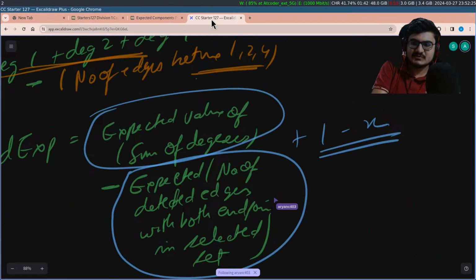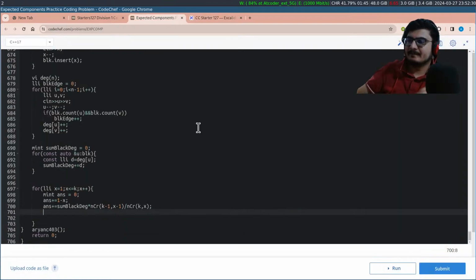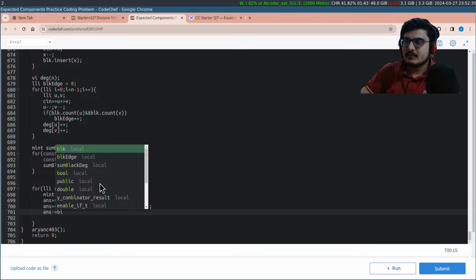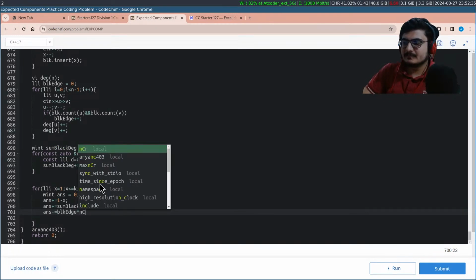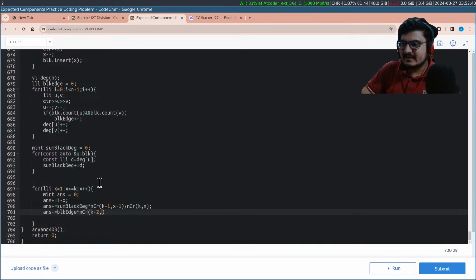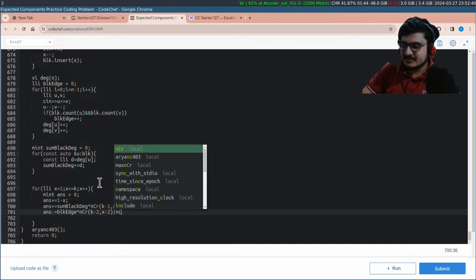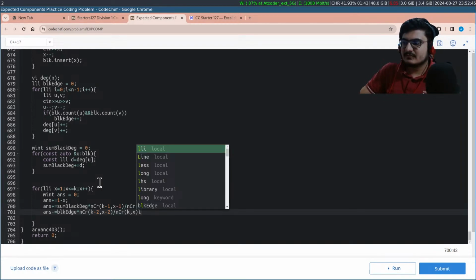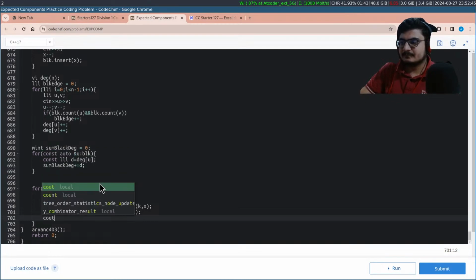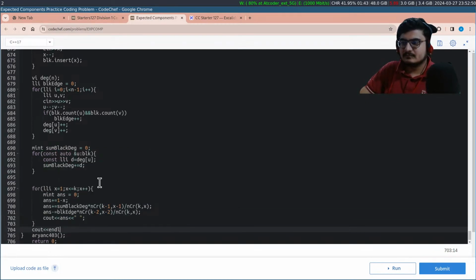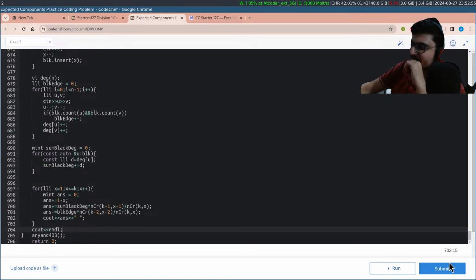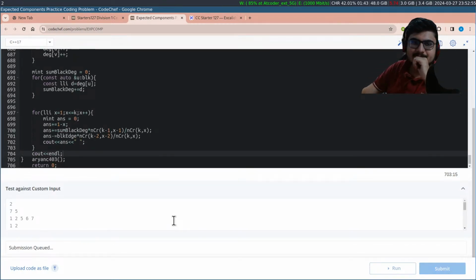And I should subtract the edges which I have somehow counted twice. The number of black edges, and both the endpoints were selected, this would be the probability over here. And this pretty much completes the solution for this problem. Any questions on this one before we move to the next problem?